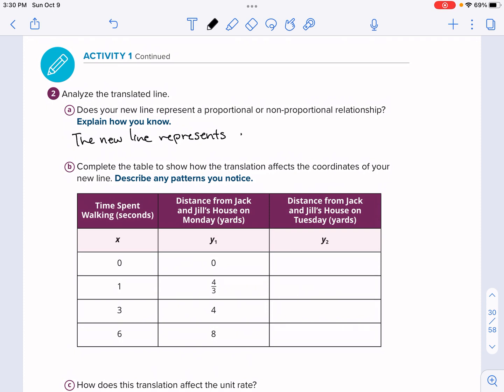So it represents a non-proportional relationship. Okay. And then we're just going to put a brief reason why. So it does not go through the origin.